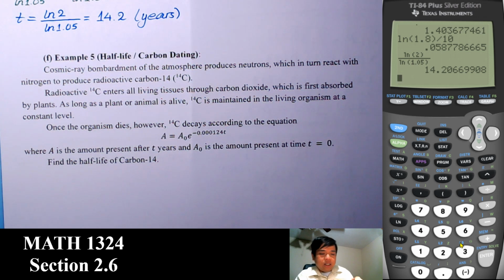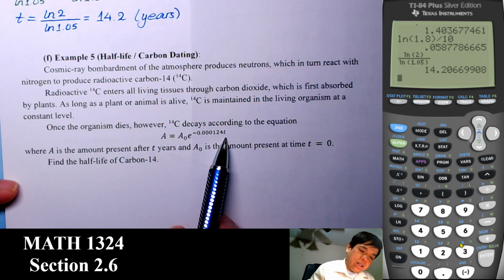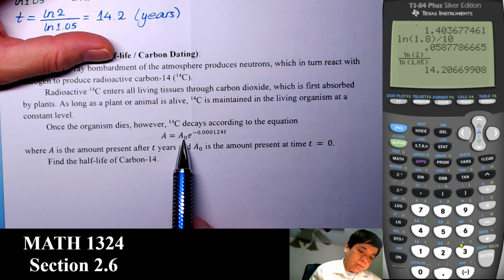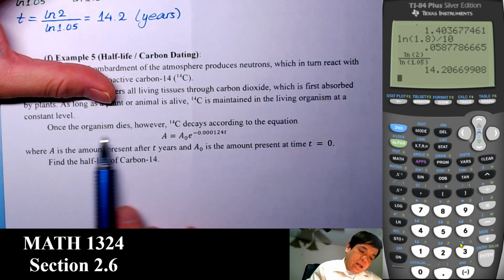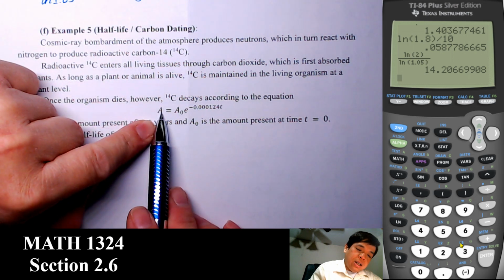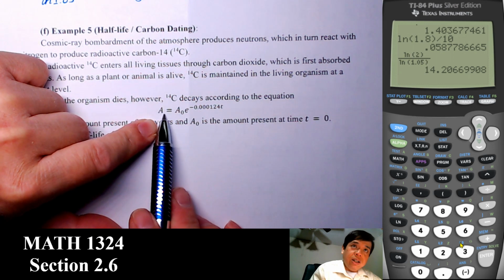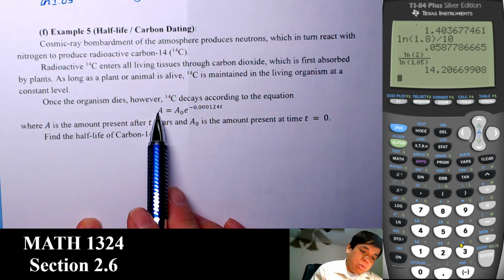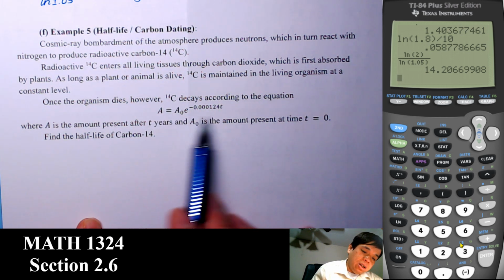So in that case, we can have an equation like this, and the percent of carbon-14 will be given by this equation.